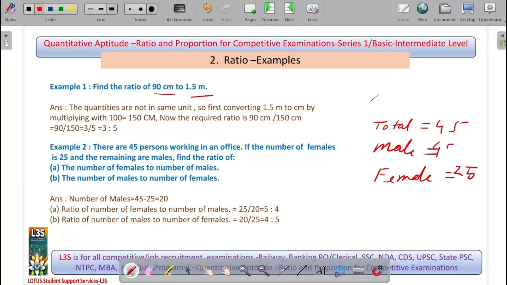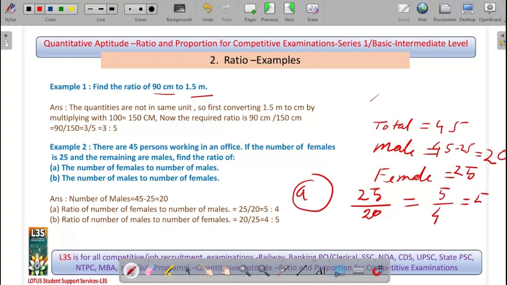So male will be 45 minus 25, so 20. Now first, what they have asked is the number of females to the number of males. So the number of females is 25 and the number of males is 20. If we simplify, we will get 5 by 4. So the ratio will be 5:4.